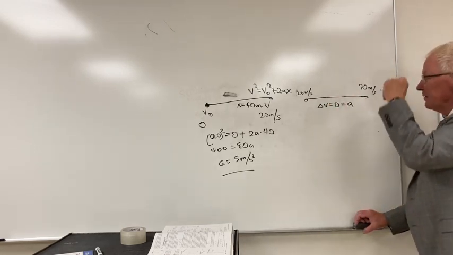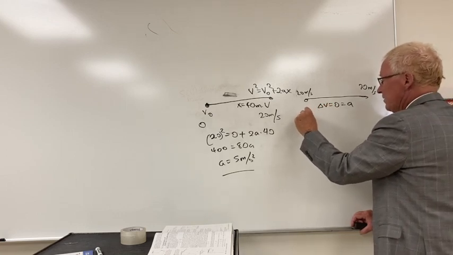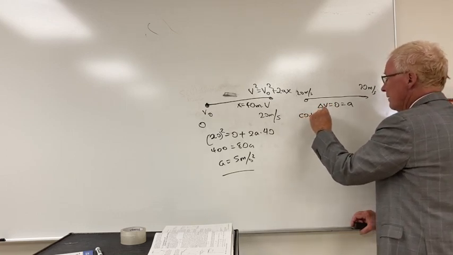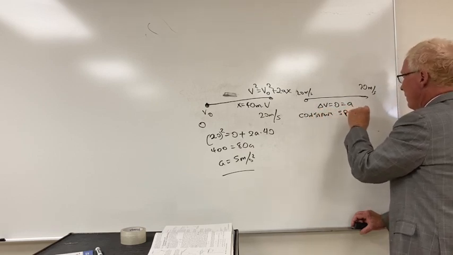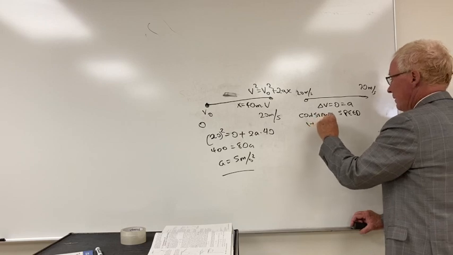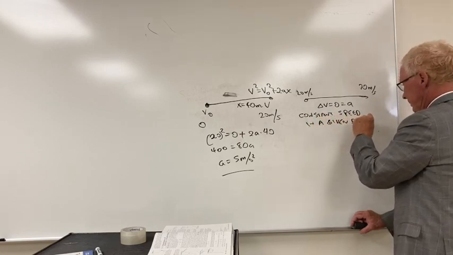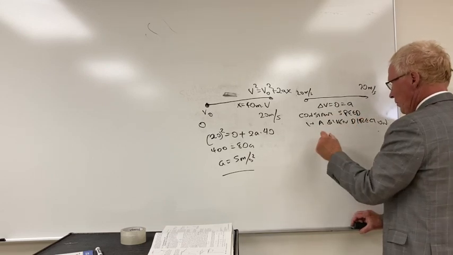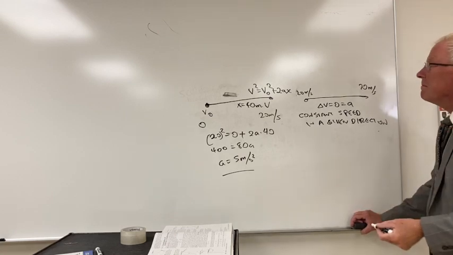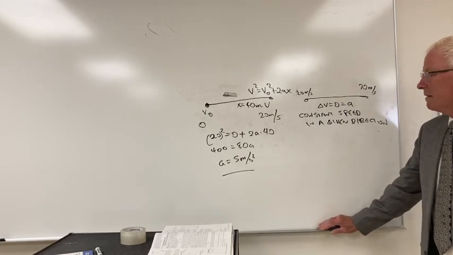So when we go at constant velocity, so we have constant speed in a given direction, change in velocity is 0, acceleration is 0. All right, so that's what we've done for the first few chapters.